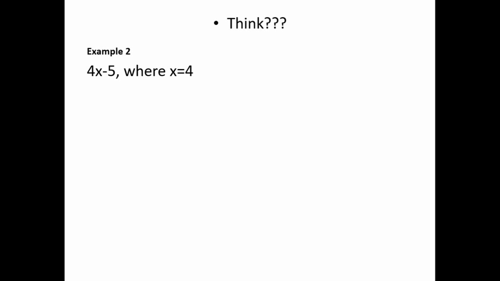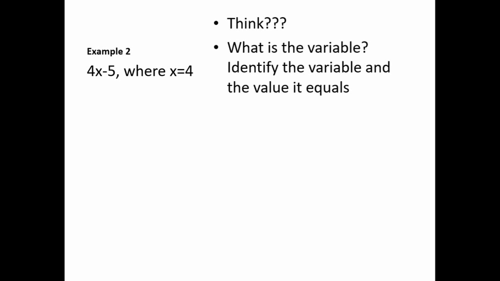So our second example is 4x minus 5, where x equals 4. And so we have to think, what is our variable and what does it equal? So in this problem, our variable is x, our unknown is x, and it equals 4.